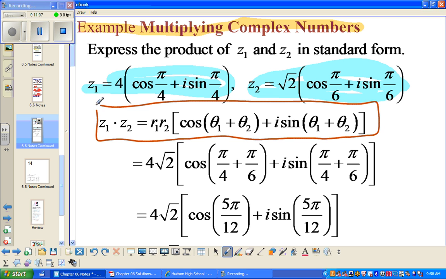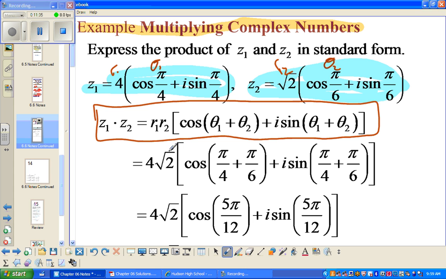I'm going to plug in r1, where this would be r1, and r2, where this would be r2. I'm going to plug in theta sub 1, and theta sub 2. I plug those in to each of the spots in the formula, simplify, and I'm done.